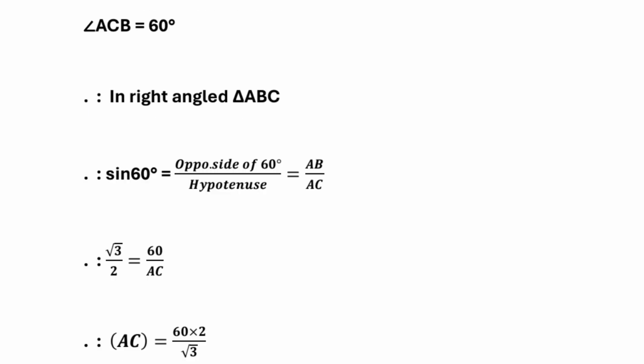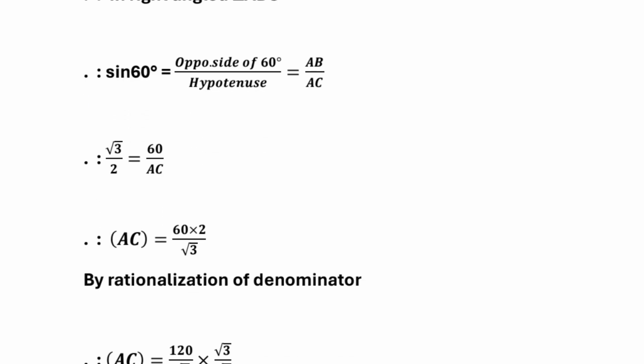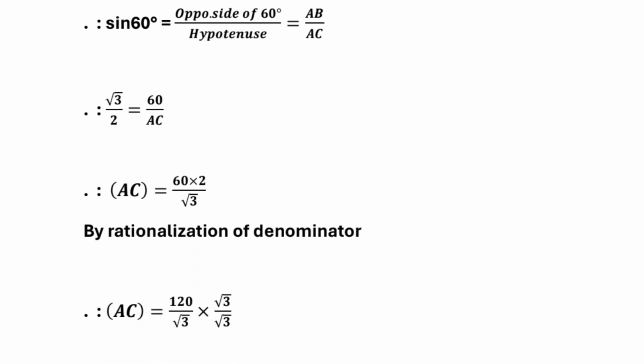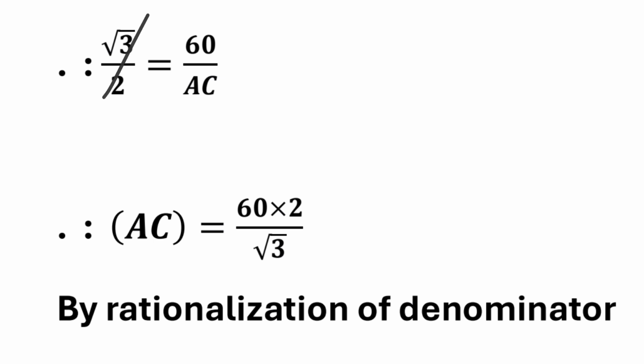Therefore, in a right angle triangle ABC, we use trigonometric ratio, that is sine. Sine 60 is equal to opposite side of 60 degree upon hypotenuse is equal to AB upon AC. Root 3 upon 2 is equal to 60 upon AC.